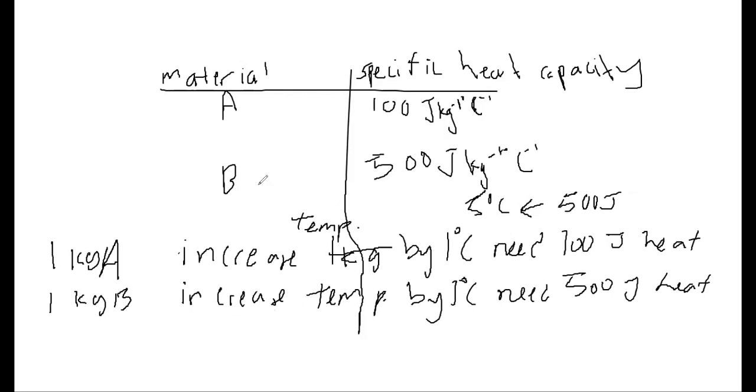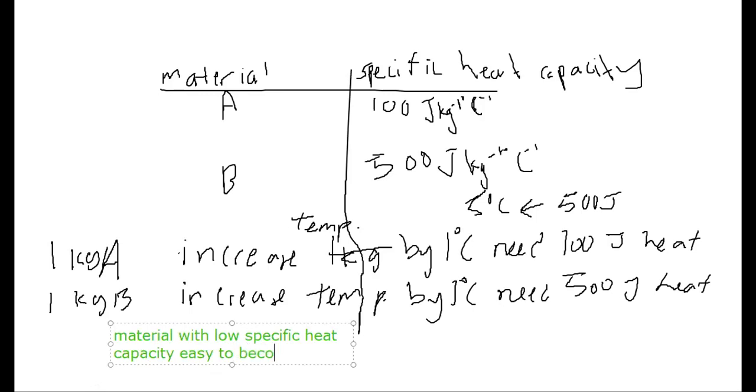So we can say basically like this: material with low specific heat capacity is easy to become hot or cold.